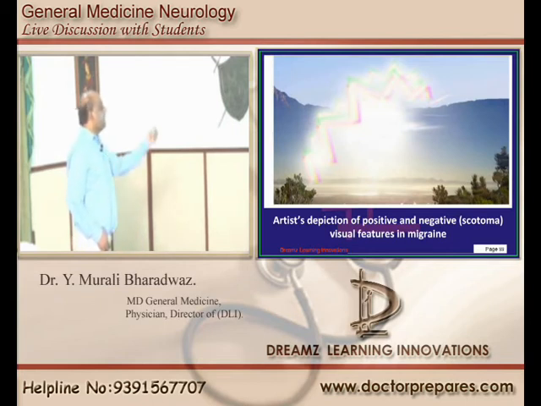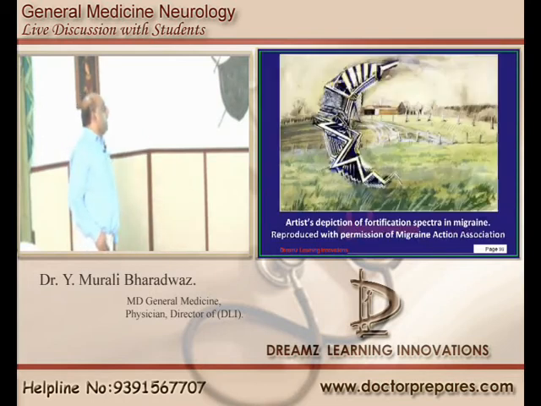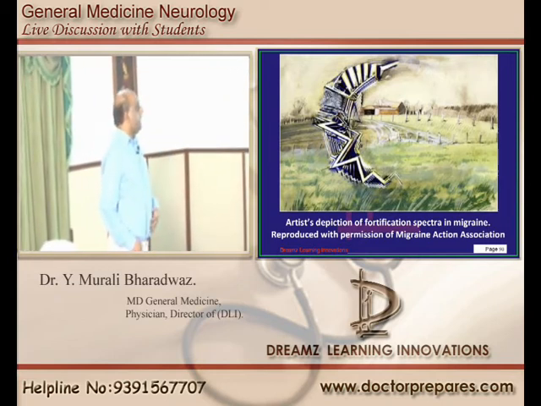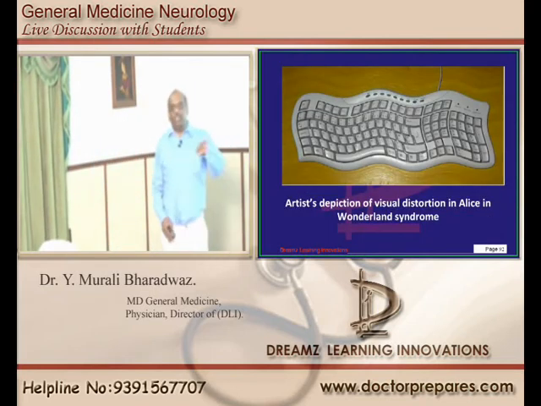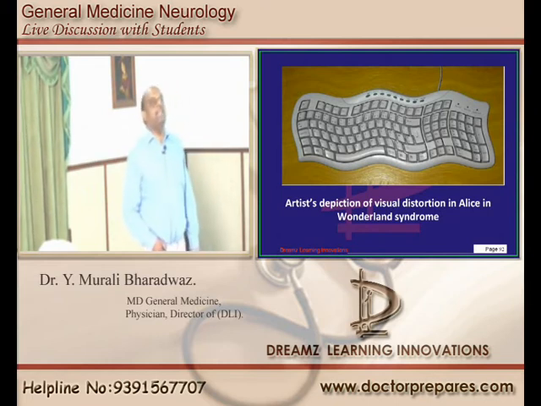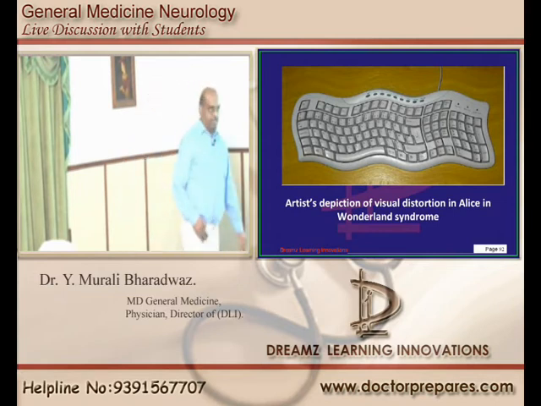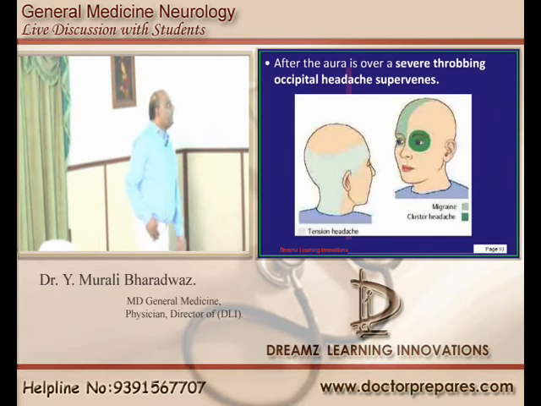Then this is a typical depiction of a scotoma which is enlarging in a patient with migrainous aura, and this is a typical fortification spectra which the patient can have if he is having migraine, and this is a fully intense fortification spectra the patient will have during migraine. And there can be visual distortion of objects, which is called Alice in Wonderland syndrome, which can be seen in these patients. And there will be a severe throbbing occipital headache which will supervene, is what you need to identify.